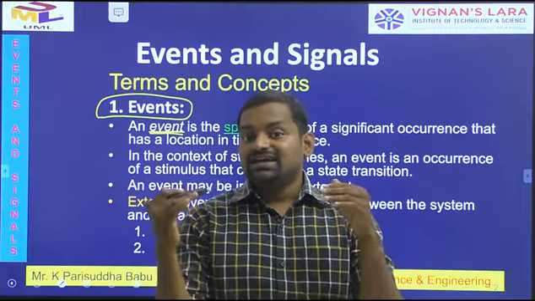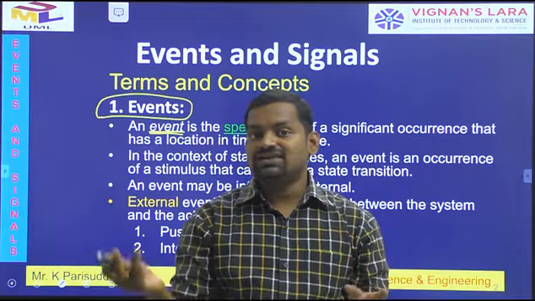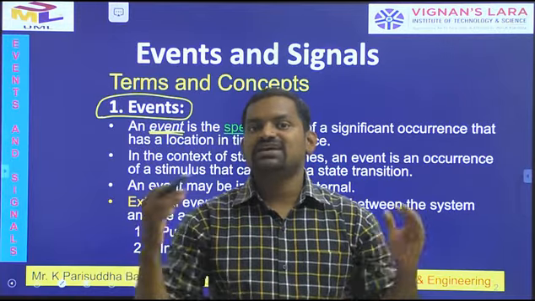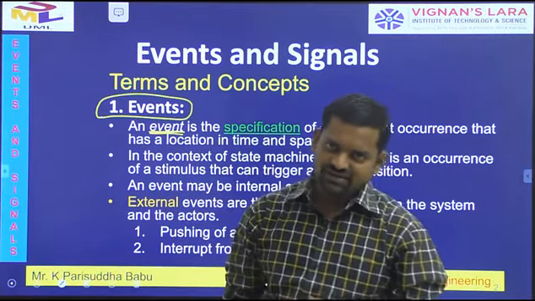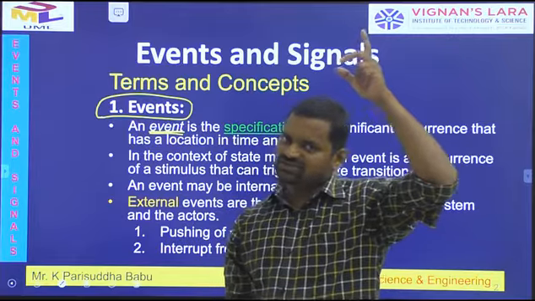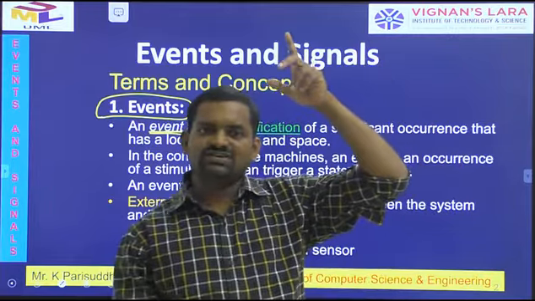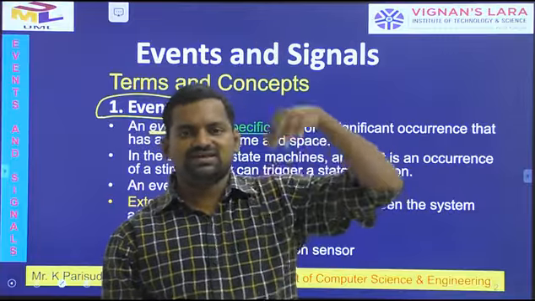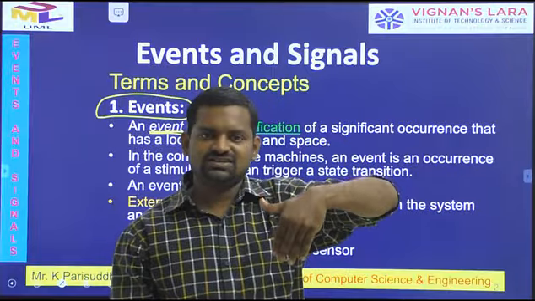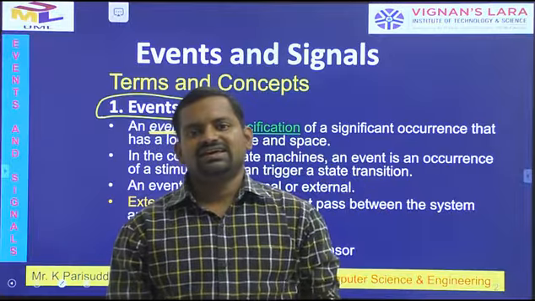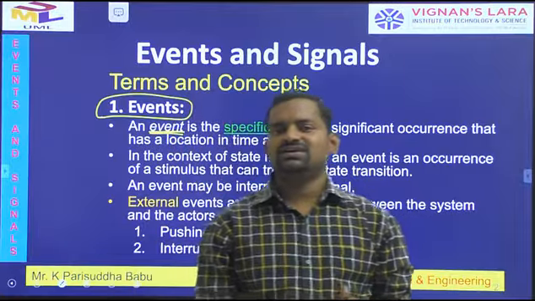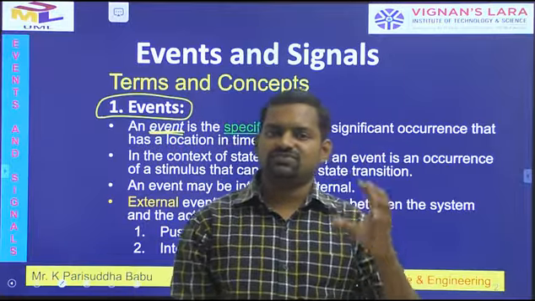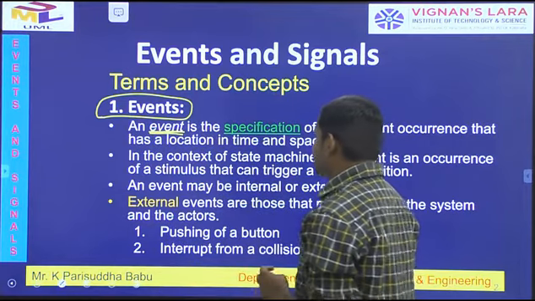At that time, triggering one state to another state is simply called an event. What we saw in the previous activity diagram, from one activity to another activity, information is passing through the solid line. Likewise, here we transfer the information from one state to another state.